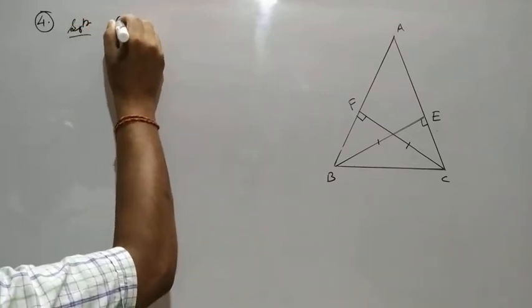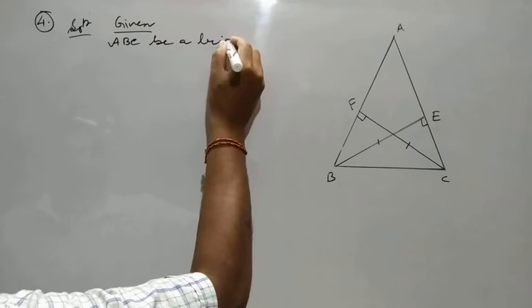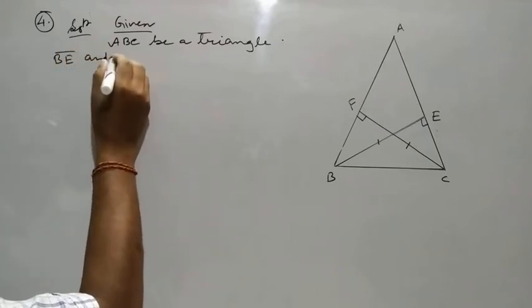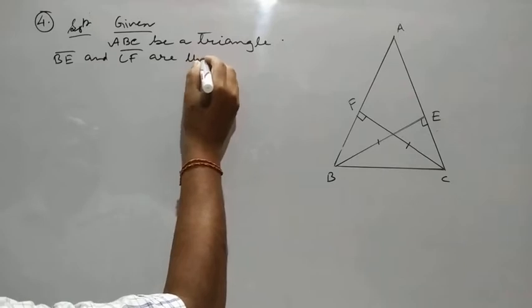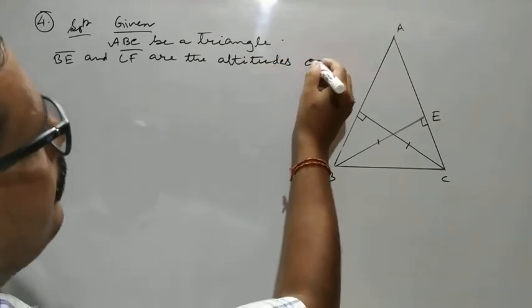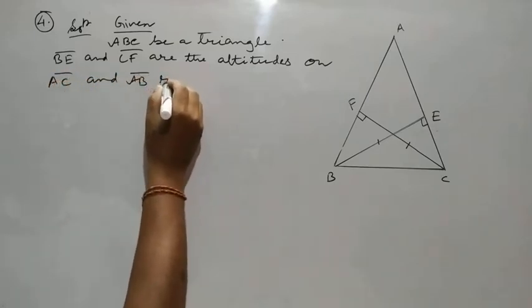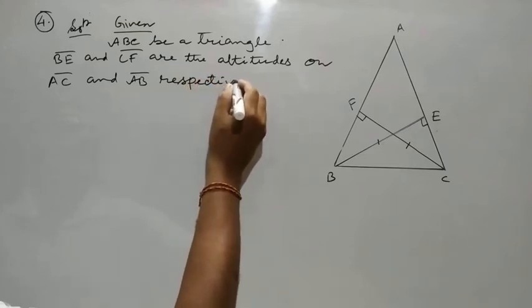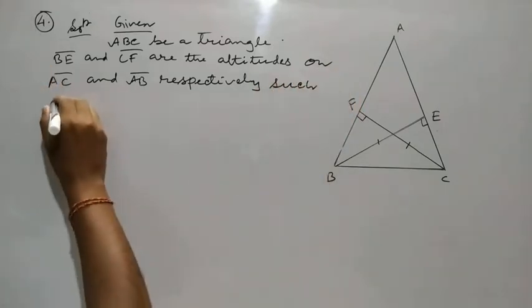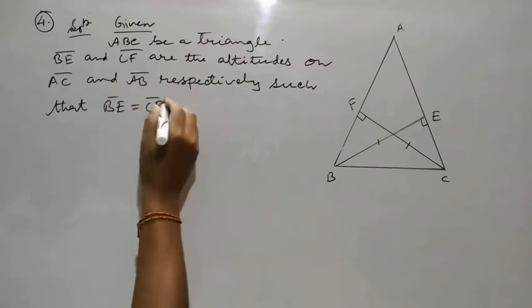Here given, ABC is a triangle. BE and CF are the altitudes on AC and AB respectively, such that BE equal to CF.